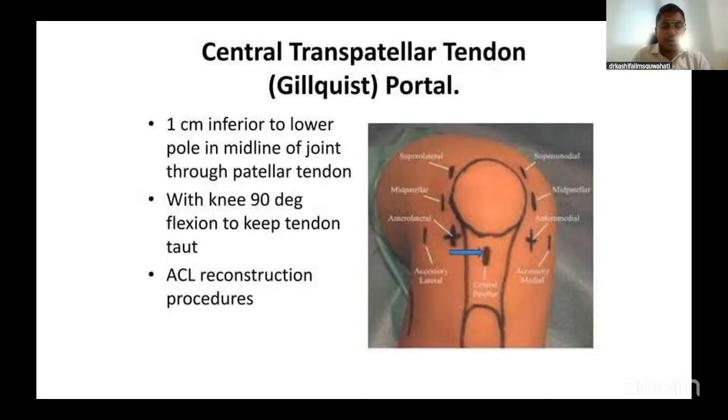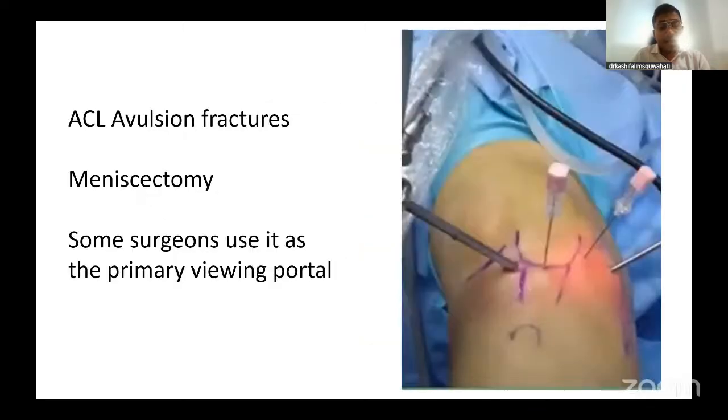It helps us during ACL reconstruction procedures, arthroscopic avulsion fracture management, and meniscectomies, and we can also shift our instruments to use it as a primary viewing portal many a time during ACL reconstructions.